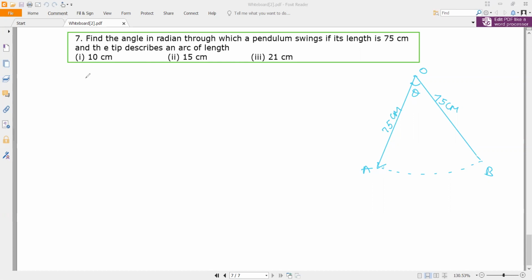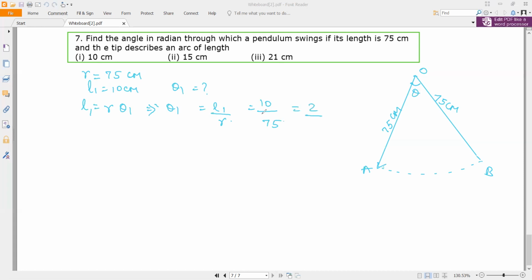Let this first value be L1. So L1 is equal to 10 centimeter. You have to find out the corresponding theta1. We know that L is equal to R theta. So L1 is equal to R theta1. Therefore, theta1 is equal to L1 upon R. So L1 given is 10, R is 75.